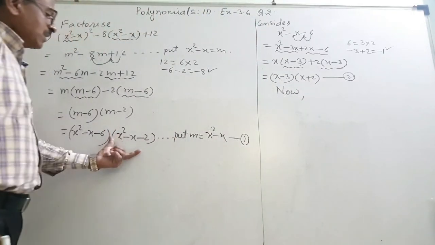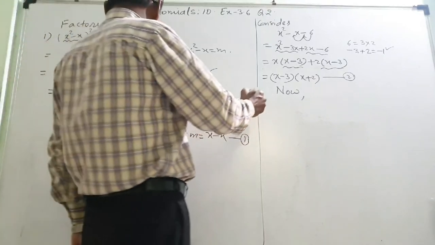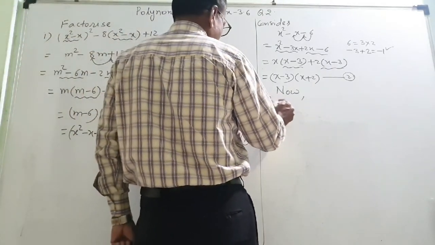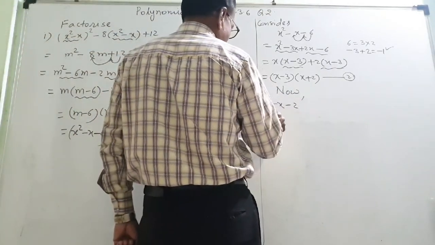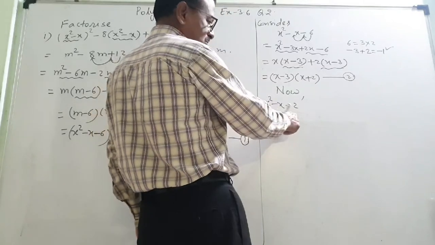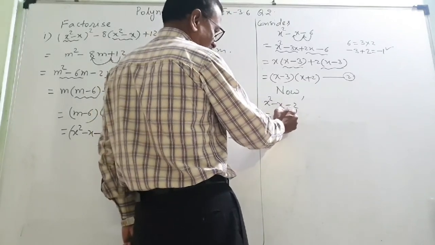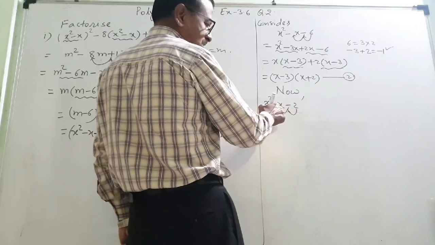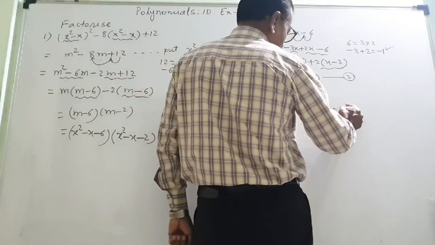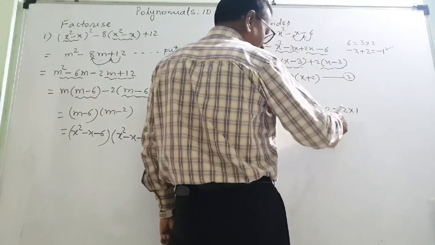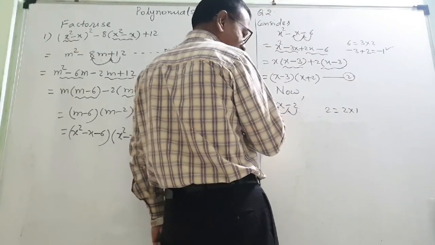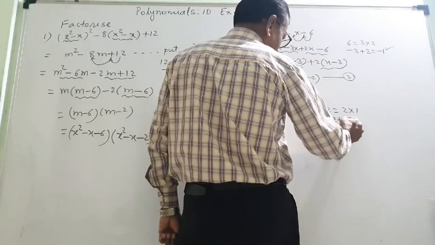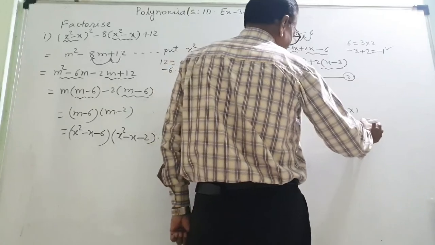Now this part is remaining. This also I will factorize separately. X square minus x minus 2 is equal to. Find the factors of 2 such that their subtraction is minus 1. So 2 is equal to 2 into 1. Minus 1 I want as the subtraction, so minus 2 plus 1, that is equal to minus 1.